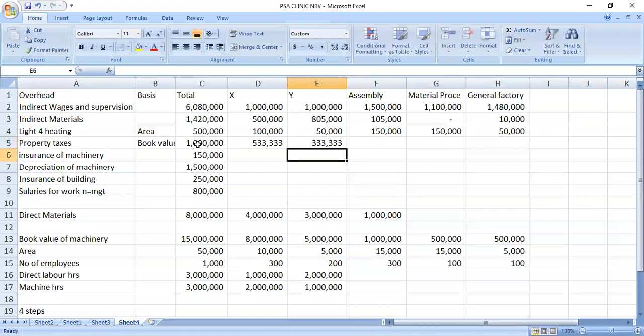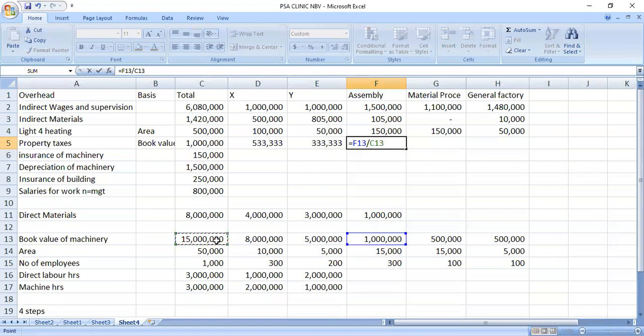Responding to some of your chats, someone is saying area for property tax. This divided by this times this. So as you give options, always make sure it's the best option.